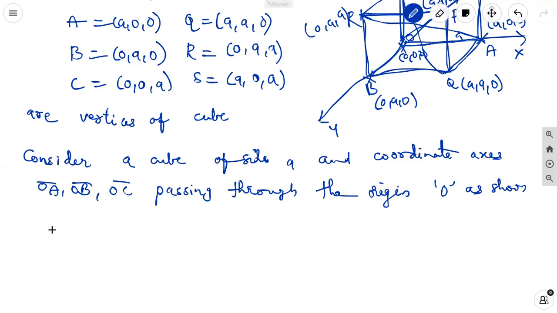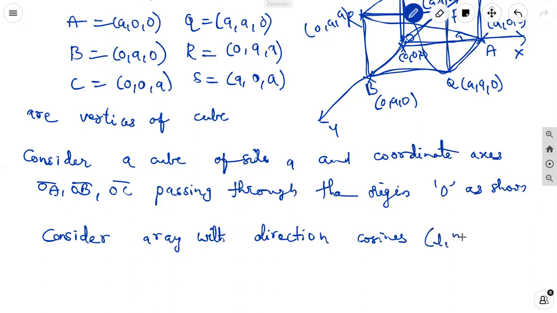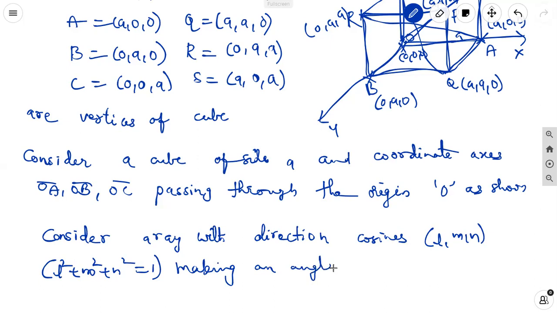Here we are taking a ray. Consider a ray with direction cosines L comma M comma N. Direction cosines means it satisfies the condition L square plus M square plus N square equal to 1. That is making angles alpha, beta, gamma and delta with the four diagonals.